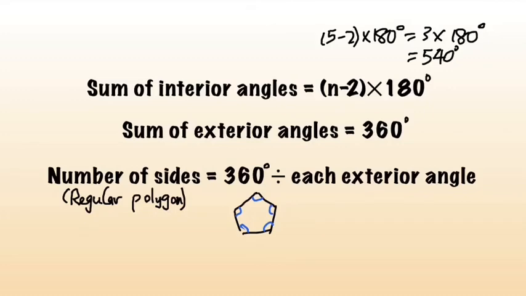So you must take 540 degrees divided by 5. So you will get 108 degrees. Which means that each of the interior angles here is 108 degrees. So this one is 108 degrees. This one is 108 degrees. This is also the same.